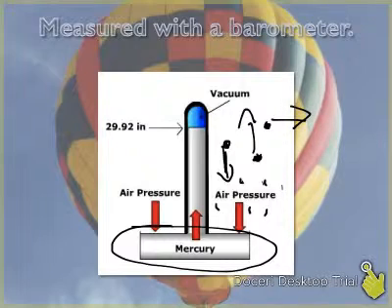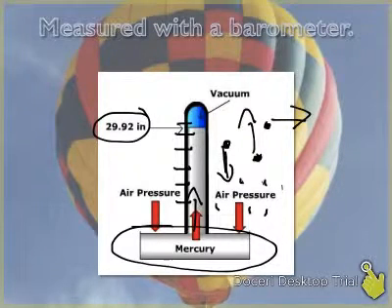So where do you think the mercury is going to go as it's being squeezed? It's going to go up this tube, and this tube has inch markings like you see in a ruler as it goes up. And sea level is 29.92 inches, but we don't care about 29.92 inches, do we? What do you think we want it in? Metric, right? And actually, we want it in millimeters.